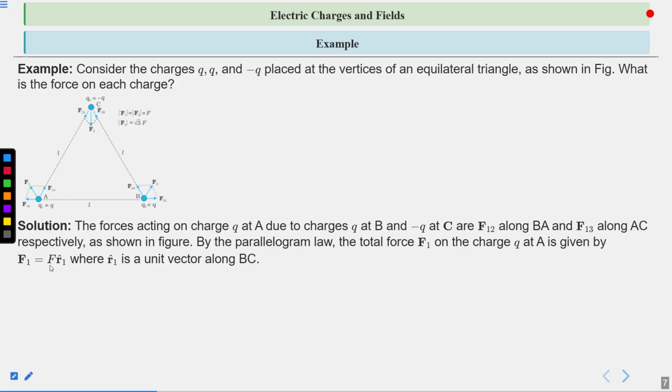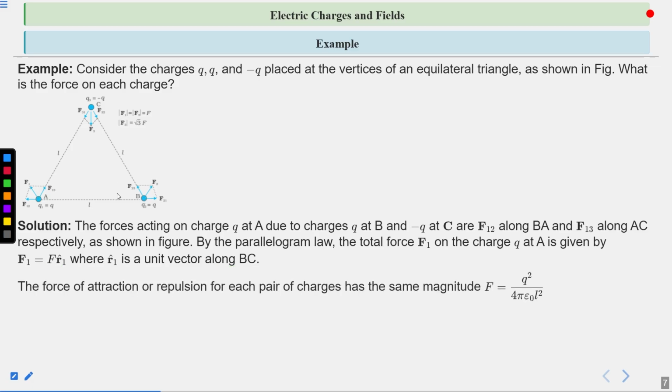So F1 is equal to F r1 cap, where r cap is the unit vector along BC, B to C. The force of attraction or repulsion for each pair of charges has the same magnitude for each pair: F12, F31, F1, F2 and F3.